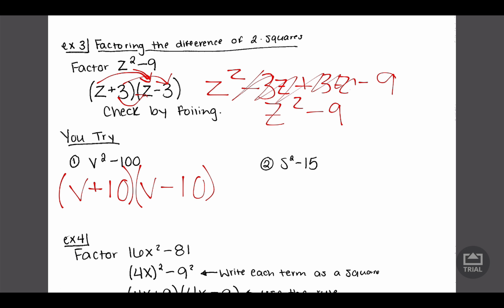So let's see, what if it were 25? So you've got an s, and the square root of 25 is 5. So s plus 5 and s minus 5. Must have been a typo or a misprint when I wrote it.